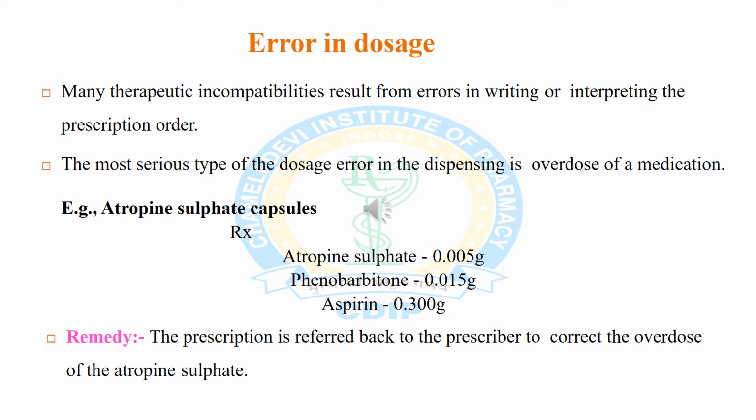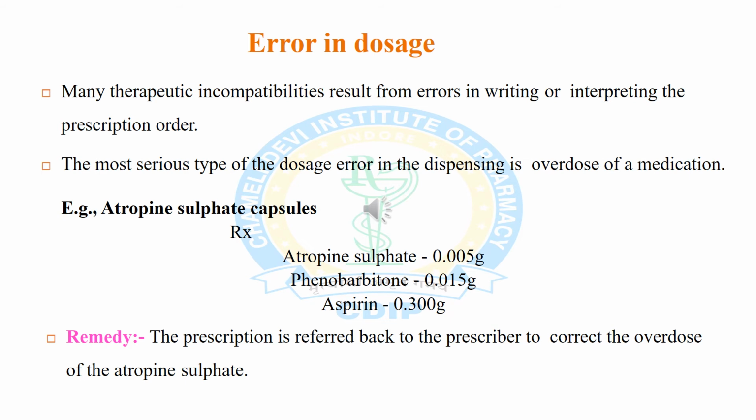So the example of this type of error in doses is atropine sulfate capsule. In this prescription, the quantity of atropine sulfate in each capsule is more than its minimum recommended dose.